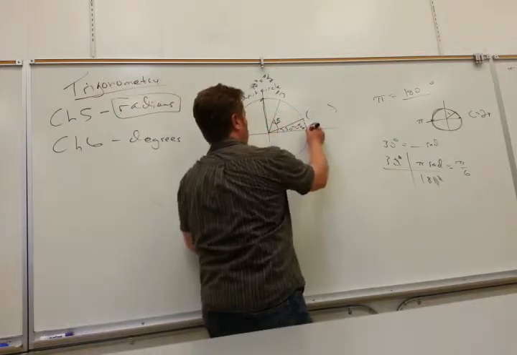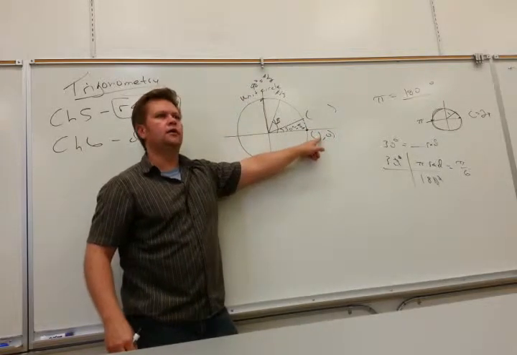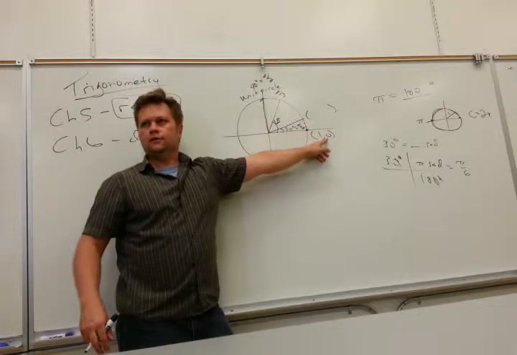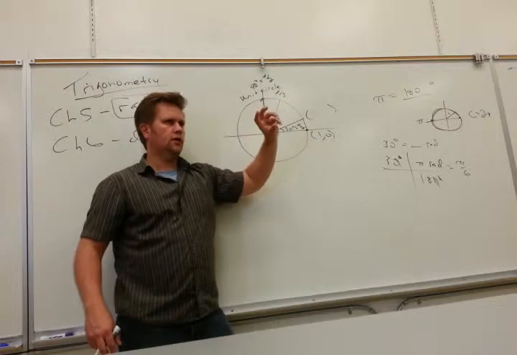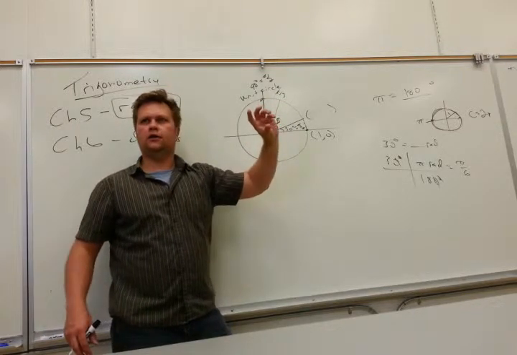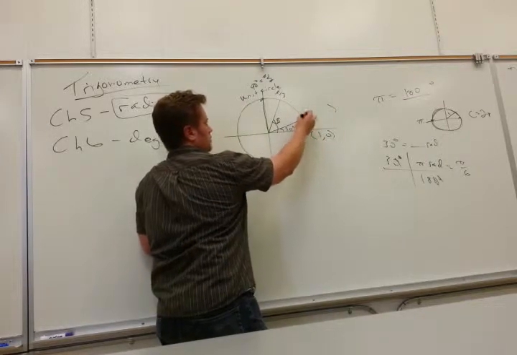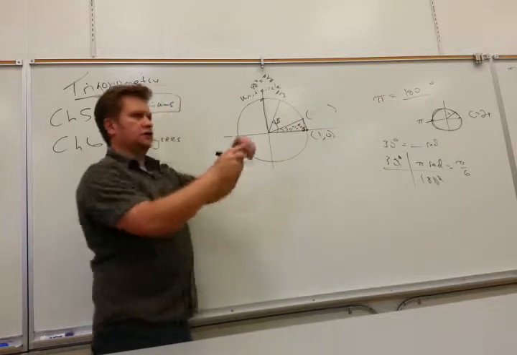So this point, of course, is very simple. It's just the point 1, 0. But that means the cosine is 1 and the sine is 0, because cosine is the x piece and sine is the y piece. Is that coming back a little bit? Okay, some of you give me a blank stare. Here, the x piece gets a little bit smaller, and the y piece should, of course, get bigger.